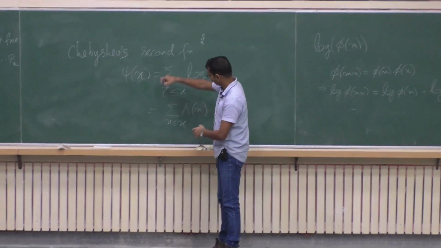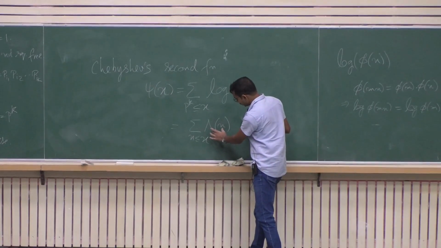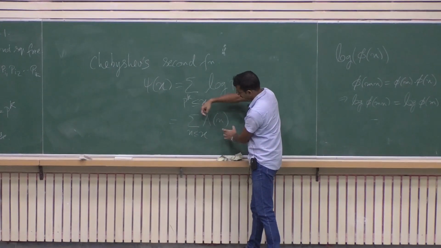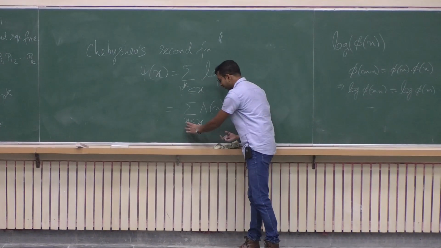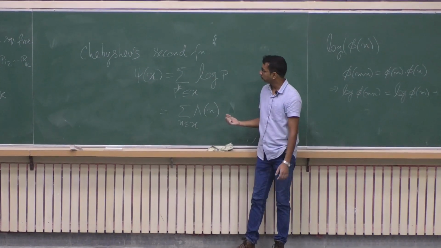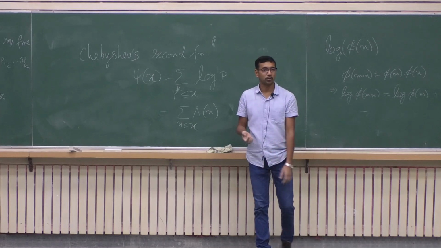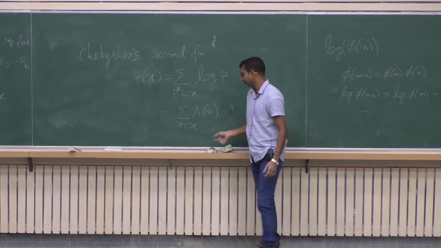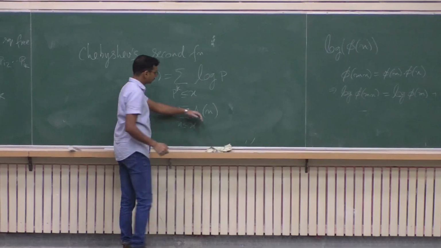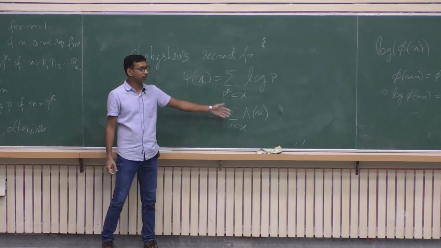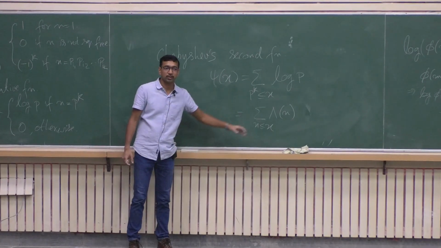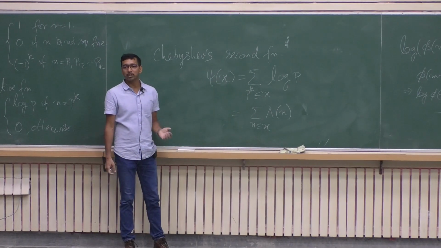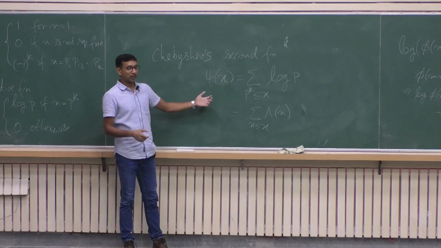So such things, where you go from one function and sum over it over the integers which are less than or equal to x, or we will also sum over divisors. Whenever you are given some basic function and you sum over it to get another function, we call this the summatory function of the first one. What we mean by summatory function will vary from case to case.